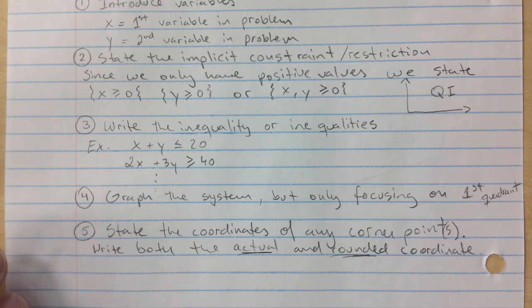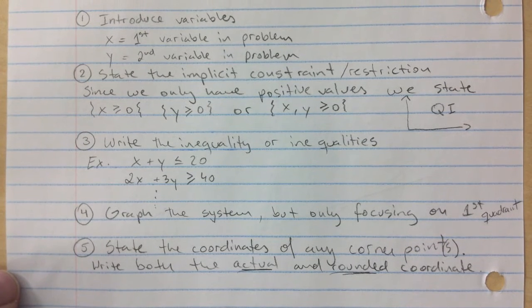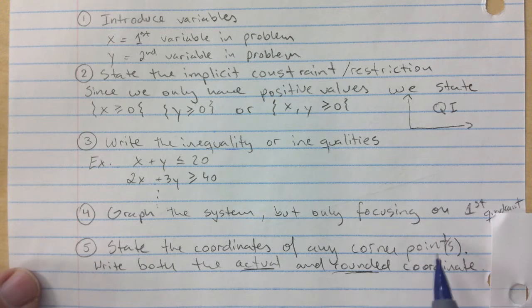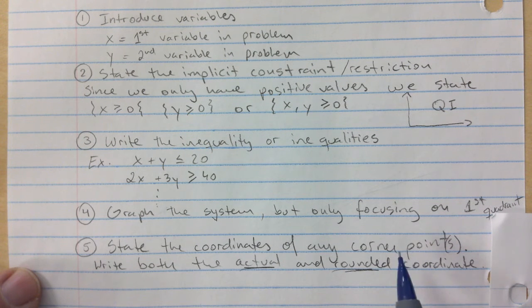So these are the steps in general that you will have to follow, okay? It's kind of going to flow this way anyways. And we're going to really focus on the corner points because they are ultimately going to give us the solution to our problem, okay?